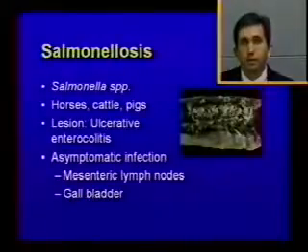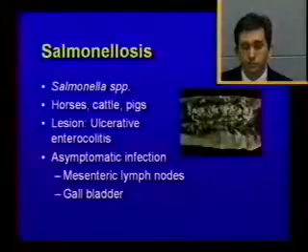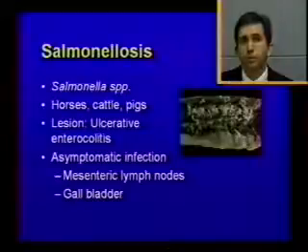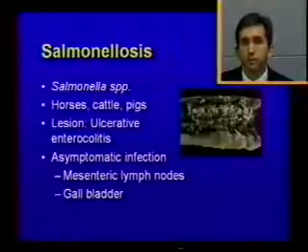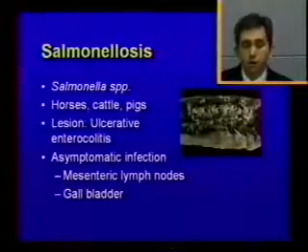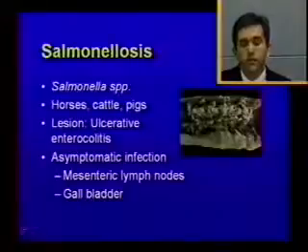Salmonellosis is caused by Salmonella species, usually referred to as Salmonella enteritis. It affects cattle, pigs, horses, and really many, many other species. It targets the intestine, where it causes a fibrinous necrosis, or a fibrinous ulcerative enterocolitis.